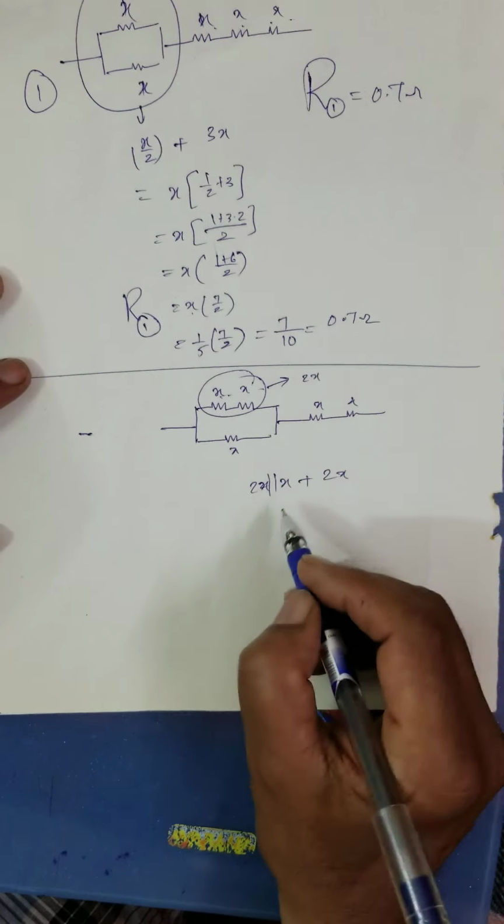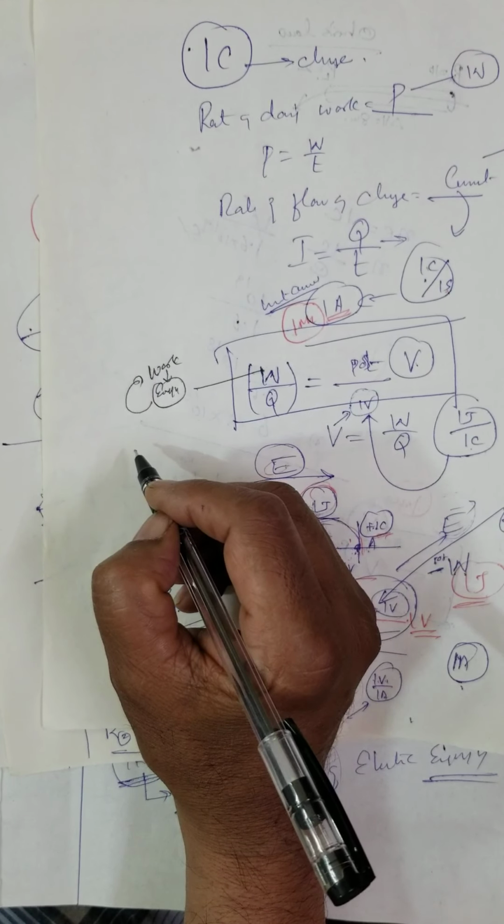Sometimes they ask you some problem on this. Work done is nothing but energy. If you have energy only, you can do the work. They may ask you how much energy is given to each coulomb of charge passing through a 6 volt battery.